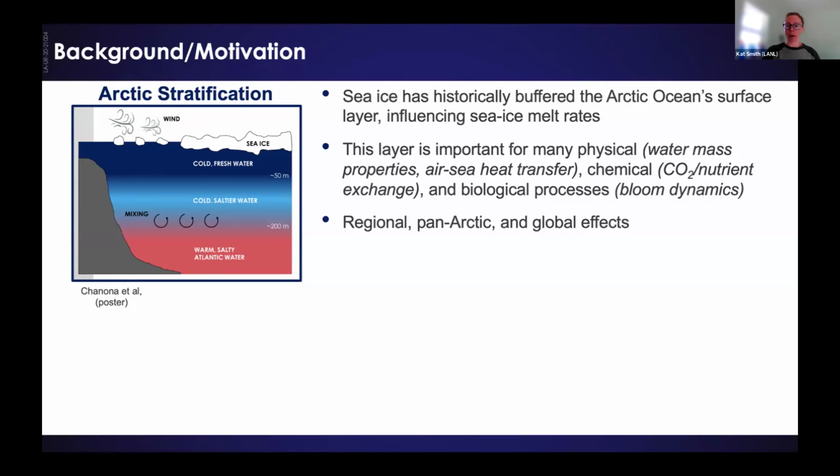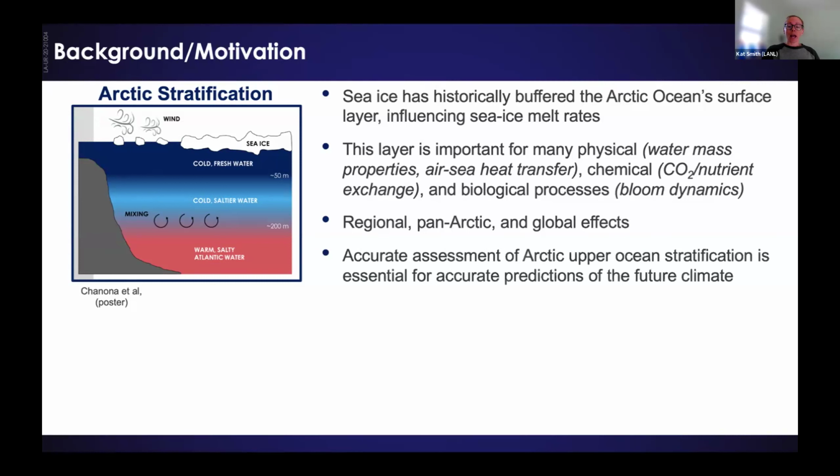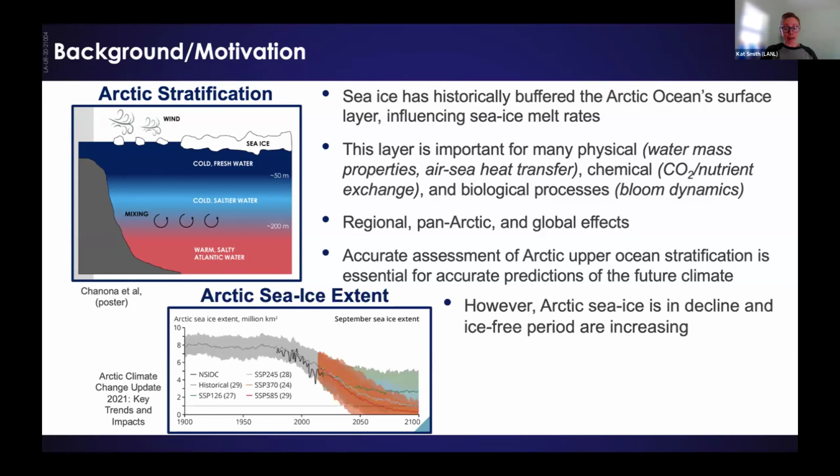The first one off the top of my mind that I can think of is the Atlantic meridional overturning circulation. So if we want to have accurate predictions of the future climate, we need to have accurate assessments of this upper ocean stratification in the Arctic and how it's going to change in the future. So sadly, Arctic sea ice is in decline and ice-free periods are increasing, right?